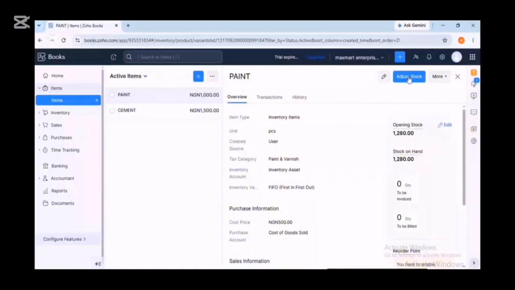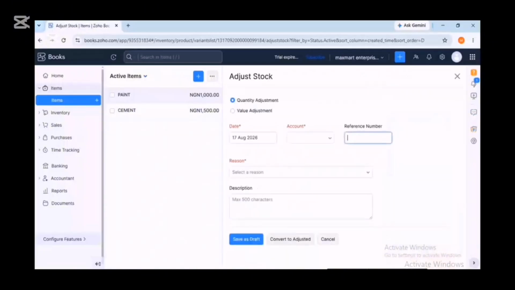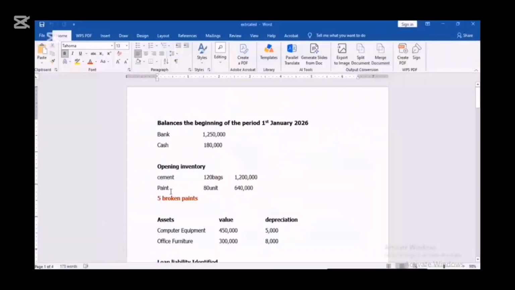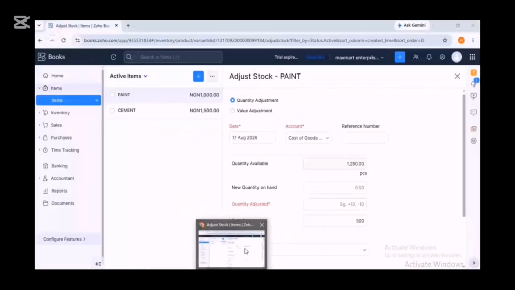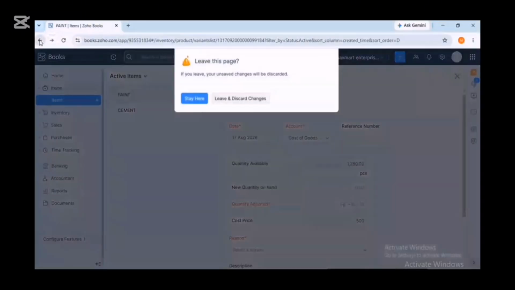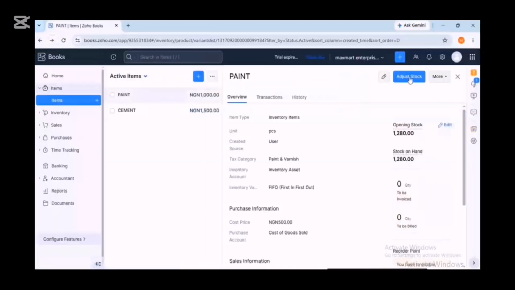So let's adjust, because if you notice on the extract we made, there's a note that some amount of paint we have broken, that's damaged. So meaning that some of the opening items are not valid or are not fit. So we go to adjust them by reducing the balances. So we select, let's leave, then let's select adjustment.